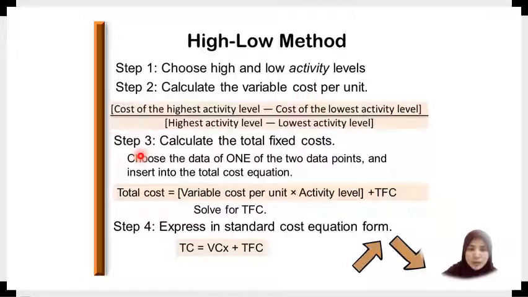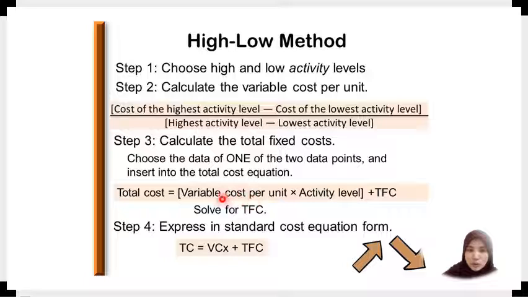Okay, step number 3, after we find out the variable cost per unit, we have to calculate the total fixed cost. In order to calculate the total fixed cost, you have to choose one of the two data points and insert it into the total cost equation. The total cost formula is total fixed cost plus total variable cost.